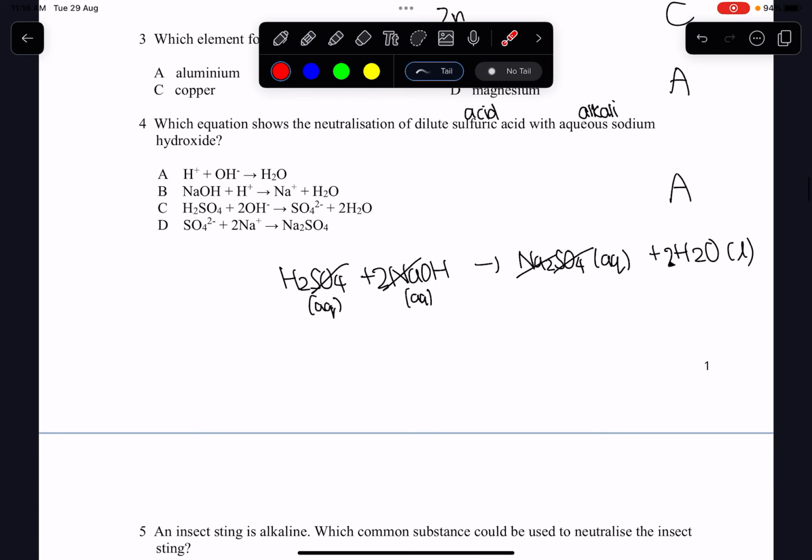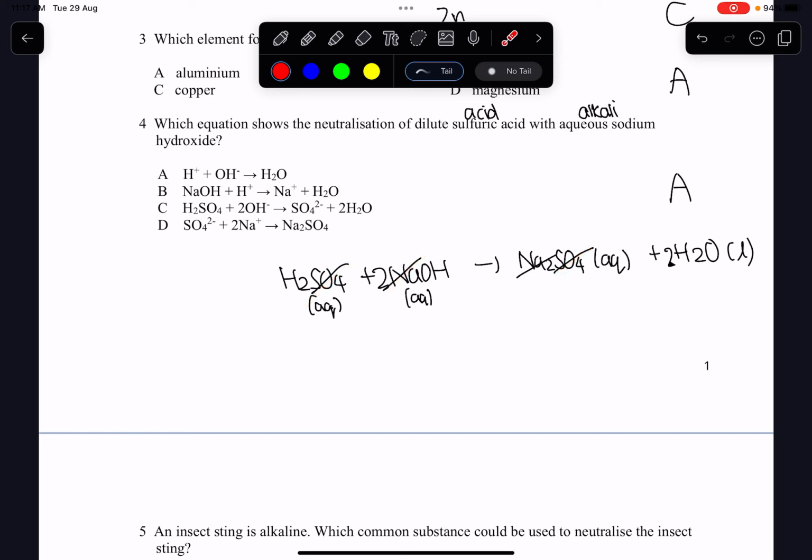Question 4, which equation shows neutralization of dilute sulfuric acid with aqueous sodium hydroxide? If you write out the balanced chemical equation and then write the ionic equation, you realize that you can cancel out sulfates and sodium because they are all soluble.